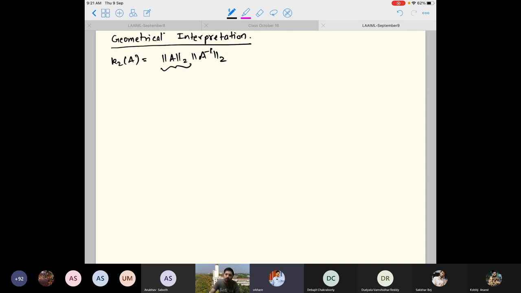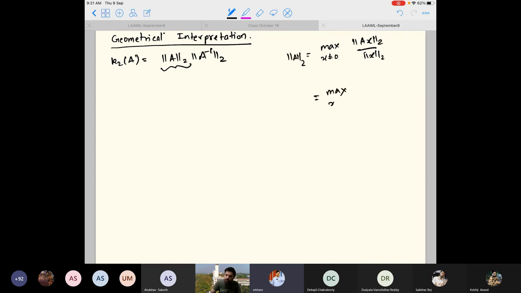What are we looking at? You are looking at the maximum magnification that this induces. This is how you will define the 2-norm of A.